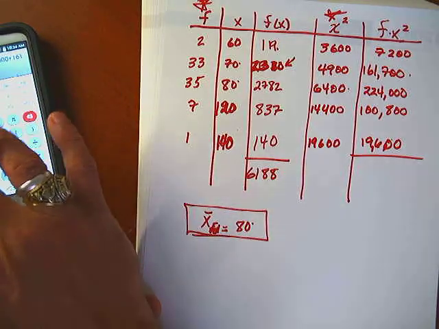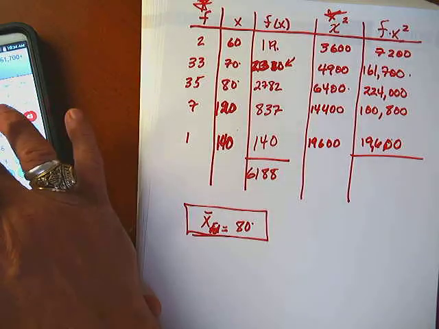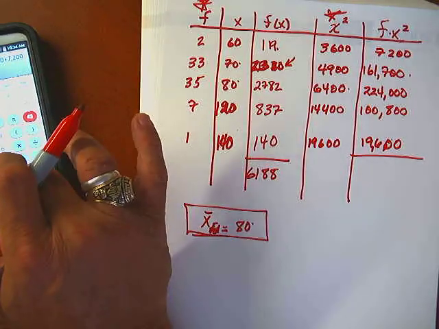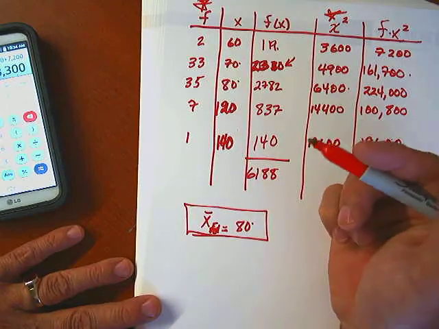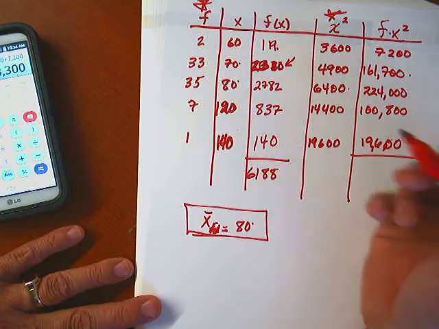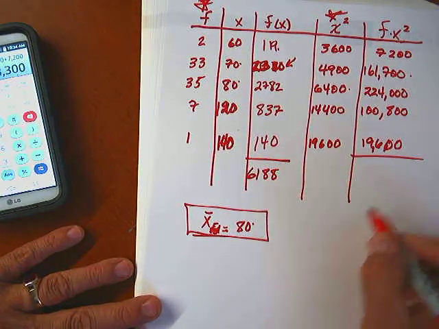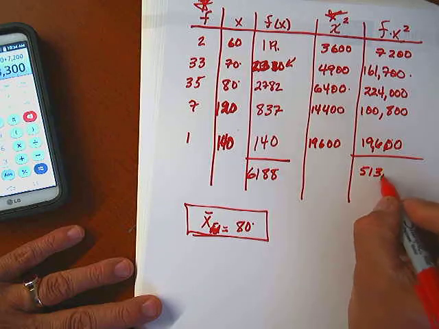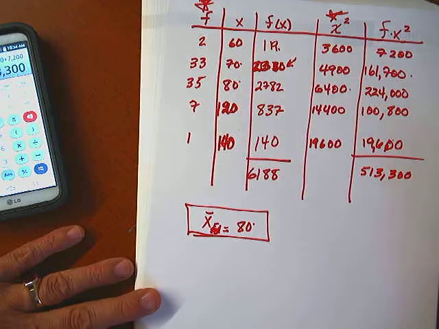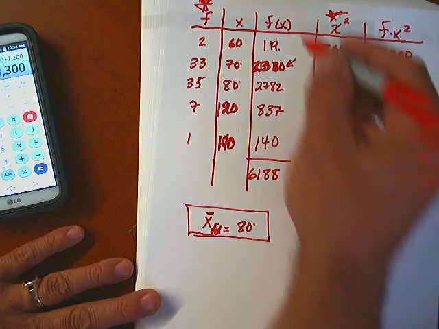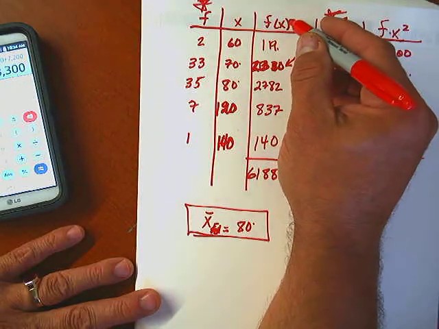And 14 times 7 is 100,800, and 196 times 1 is 196.